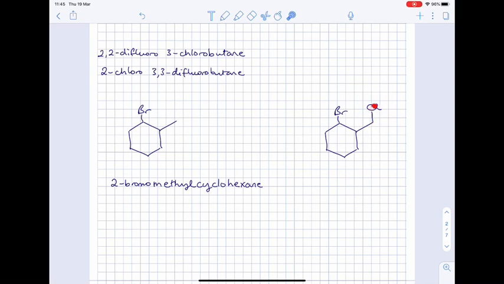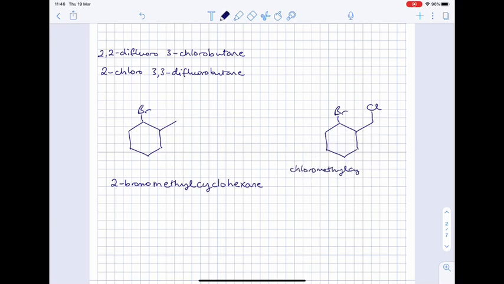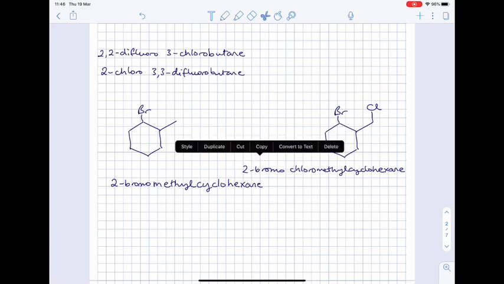Okay, so this is chloromethyl cyclohexane with the bromine on the second carbon. So this is chloromethyl cyclohexane, and then we have the bromo group, bromine on the second carbon.